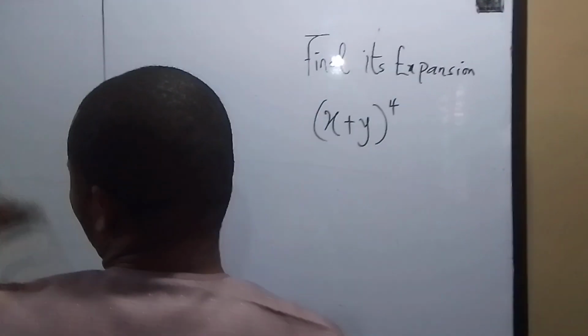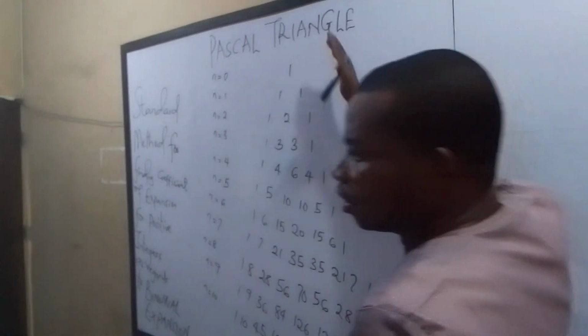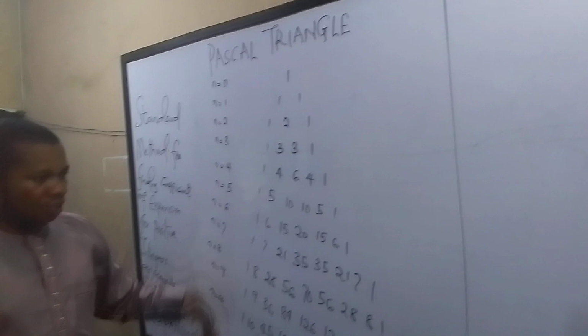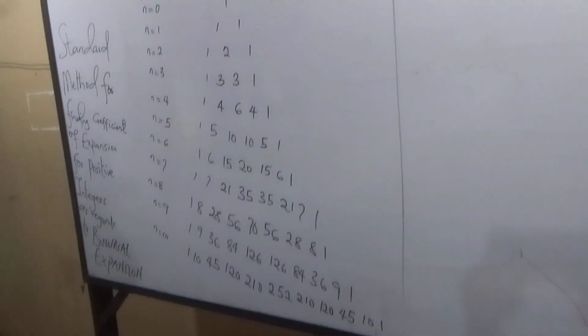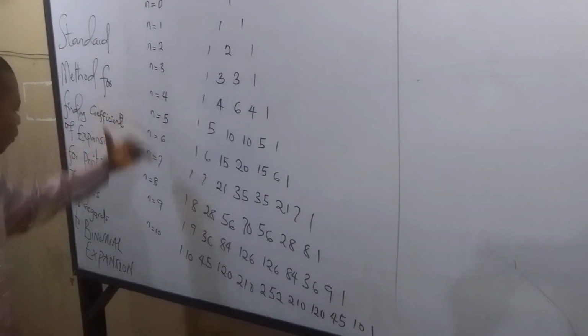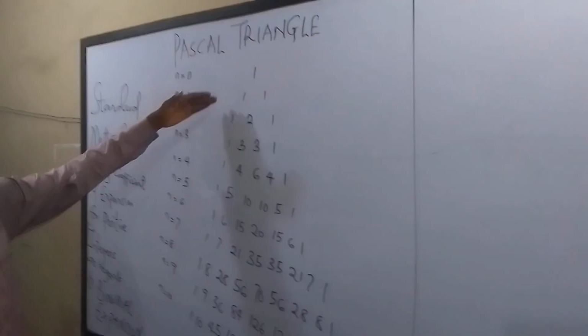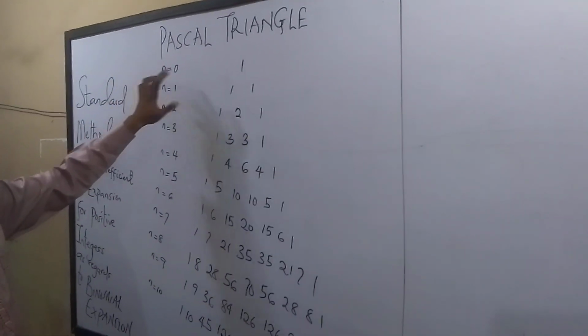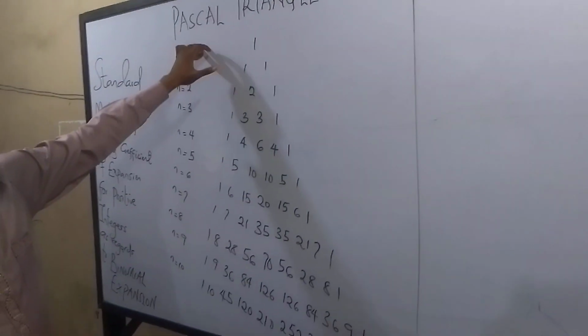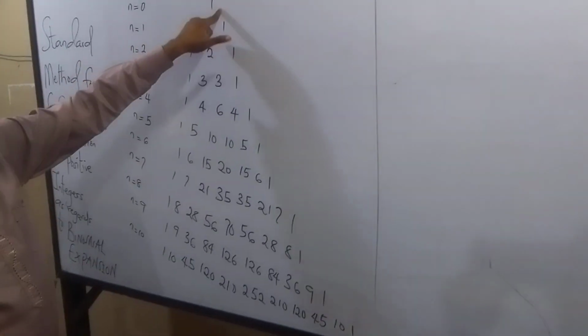So I've been able to write out the expansion coefficient. We call it coefficient of expansion. That is to say, for positive integers, you can see these are integers which are positive. Then when n is equal to 0, that is the power is equal to 0, what you have as your coefficient will be 1.